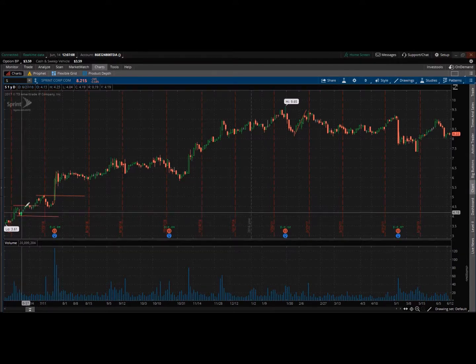Form the $4 support, come up to 4.50, consolidate at 4.50 before seeing a breakthrough on the doji candlestick, followed by 3 straight green bullish candles. You come up, you hit 5. Come back down to the previous 4.50 resistance that's now going to act as a support level. So let's take that and let's extend that out.